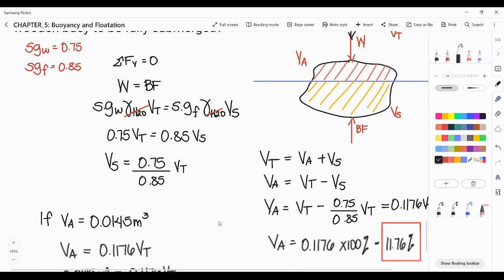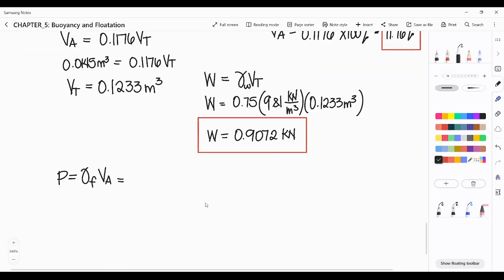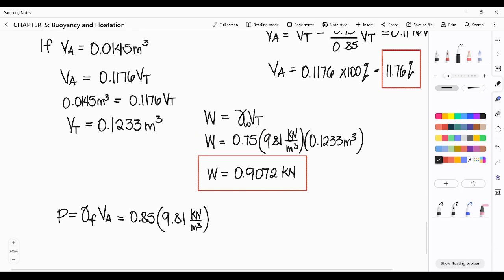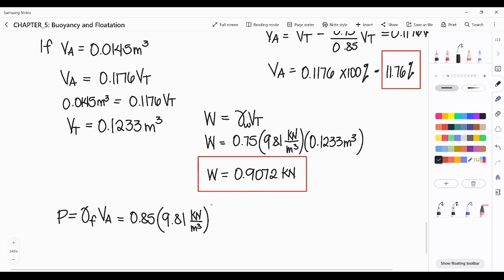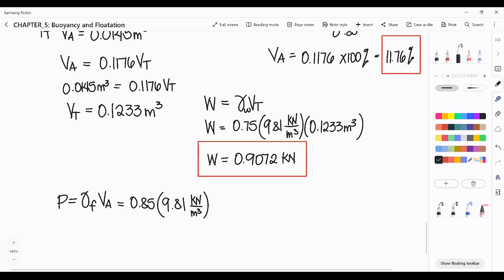That is 0.85 times gamma of water, kilonewtons per cubic meters. Alright, and then multiplied by the volume above, or yung volume nating nakalutang, which is given naman, 0.0145 cubic meters.